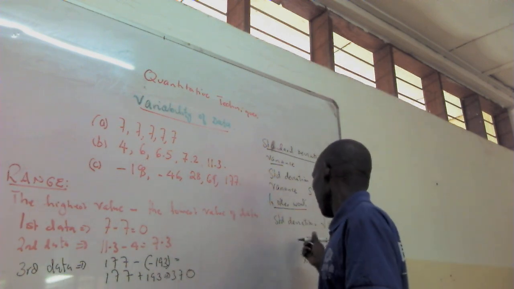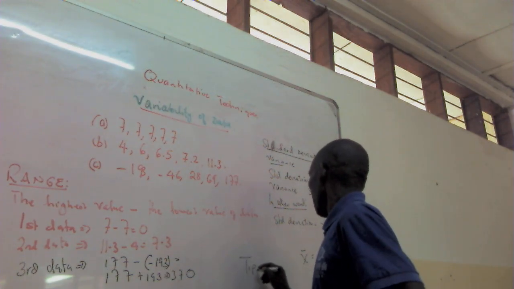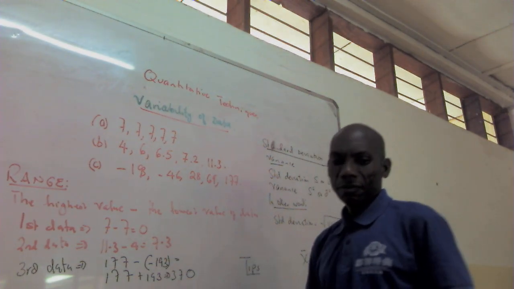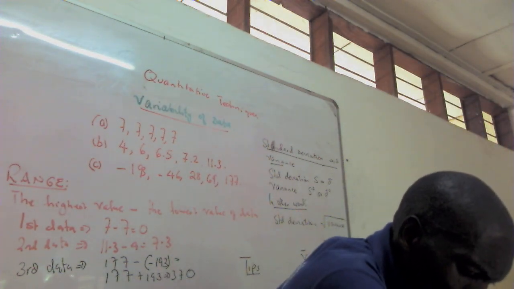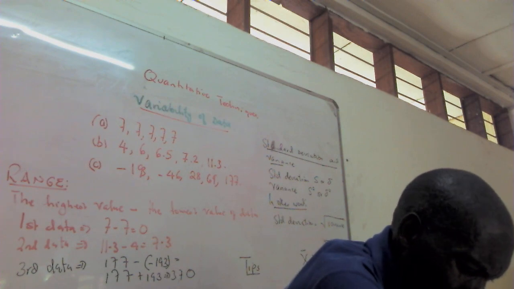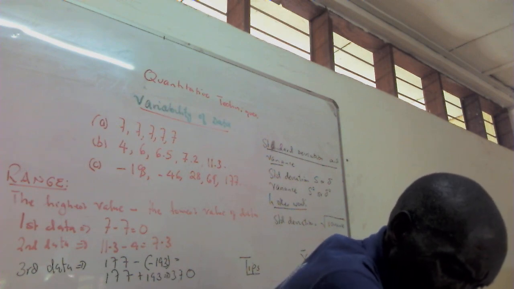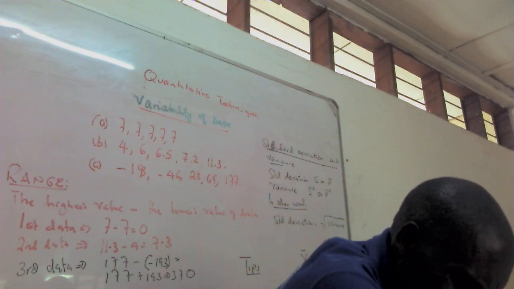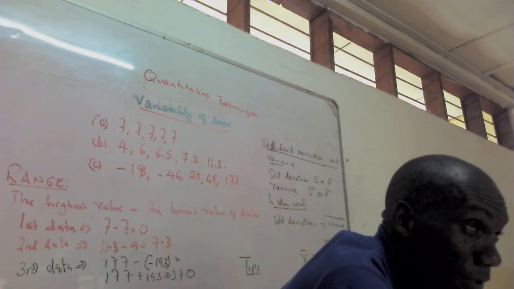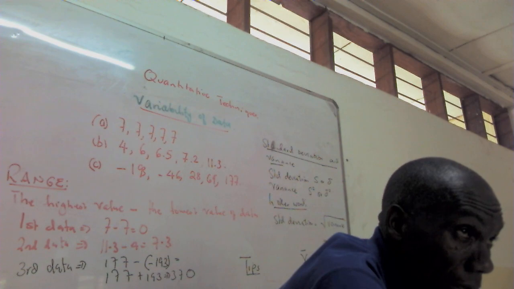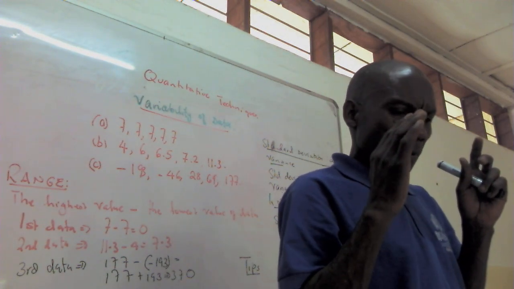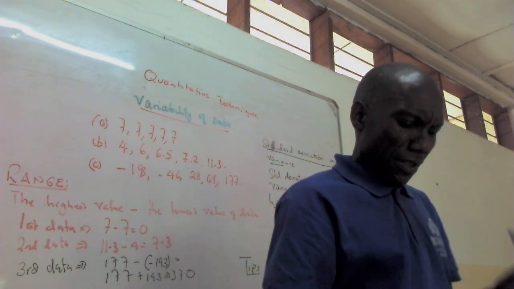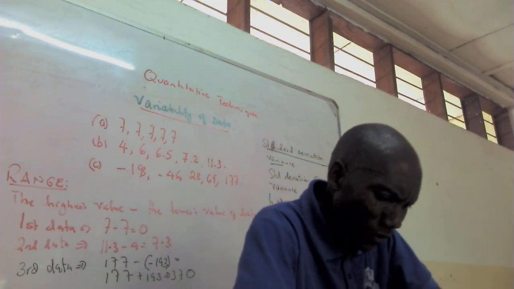Tip one: as I already said, standard deviation is one of the measures of the spread of data. How spread out is the data? That's standard deviation.